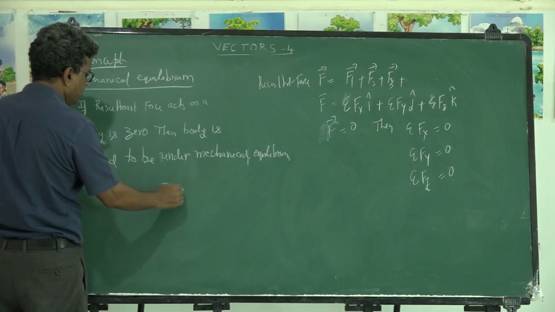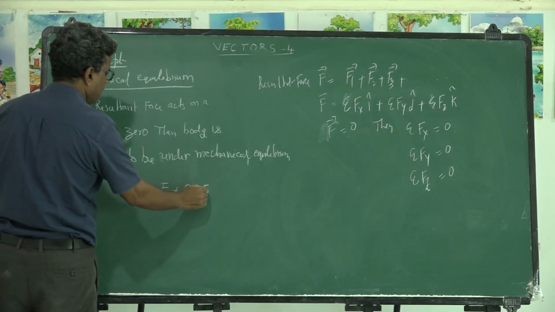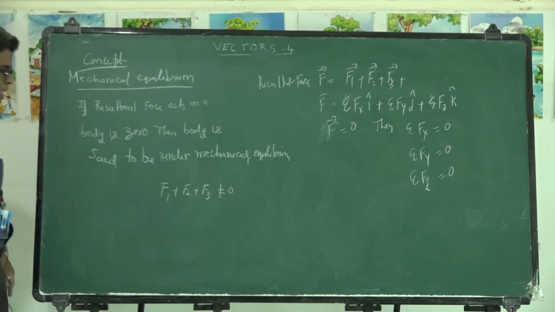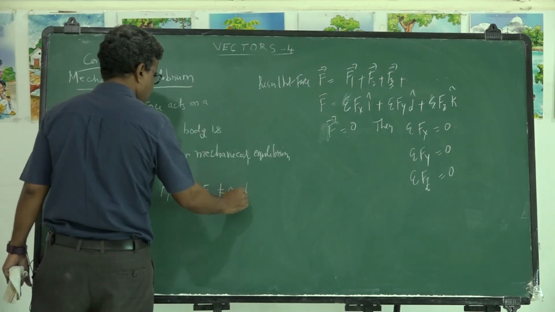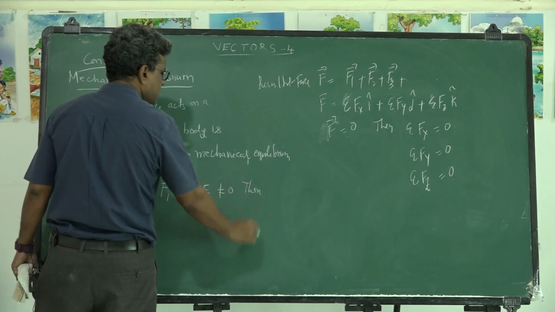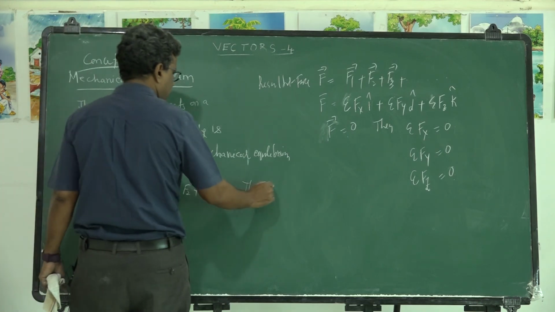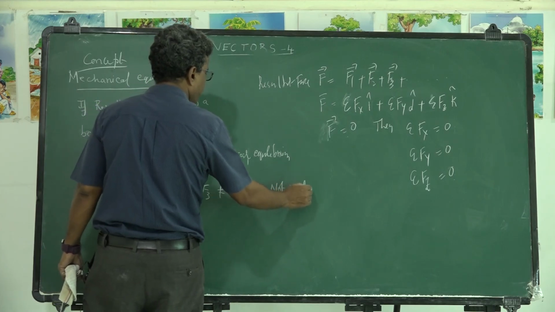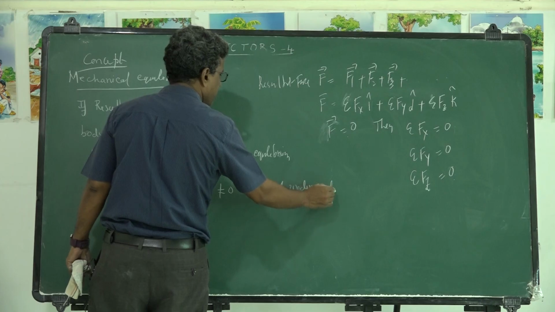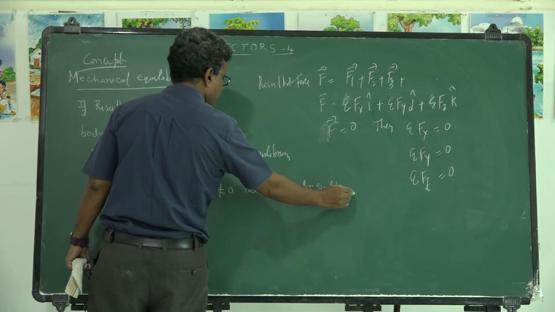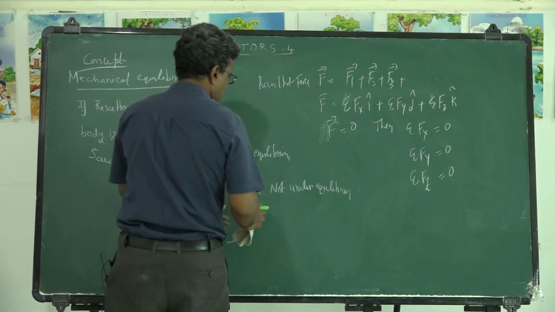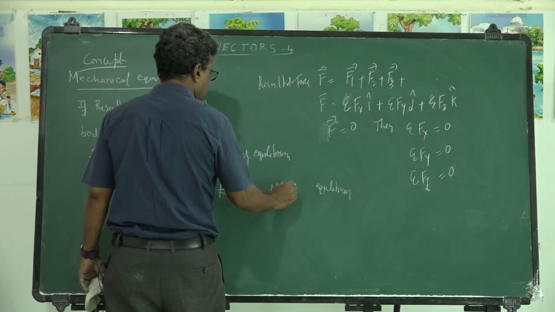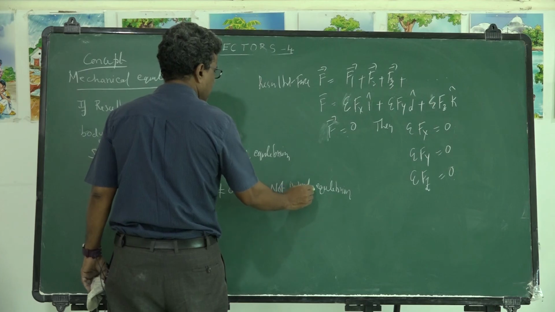F1 plus F2 plus F3 is not equal to 0. Then the body is not under equilibrium.